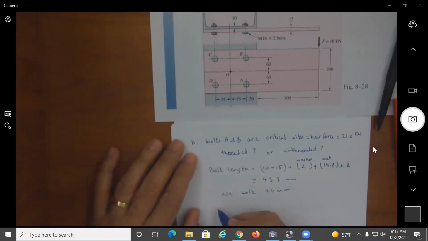If I compute the threaded length LT using equation 8.14, I'll find that LT is equal to 38 millimeter.